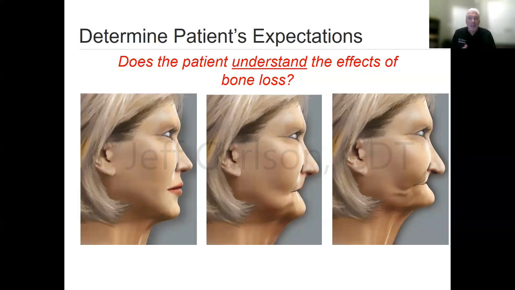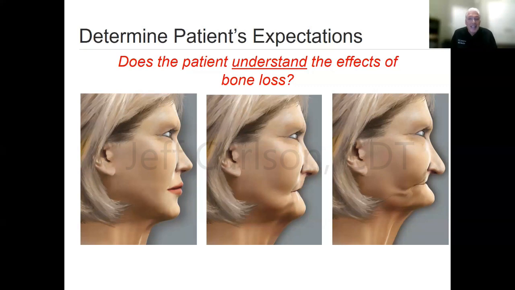They've seen it on other people. They don't want to be like that. So they need to understand that the roots of a tooth help to maintain bone. When you lose a tooth, the bone has less reason to be there and will melt away. Melting is not a bad word to use. They can relate to that.